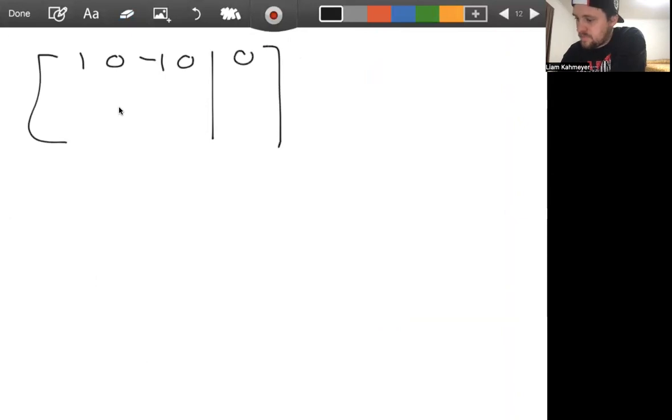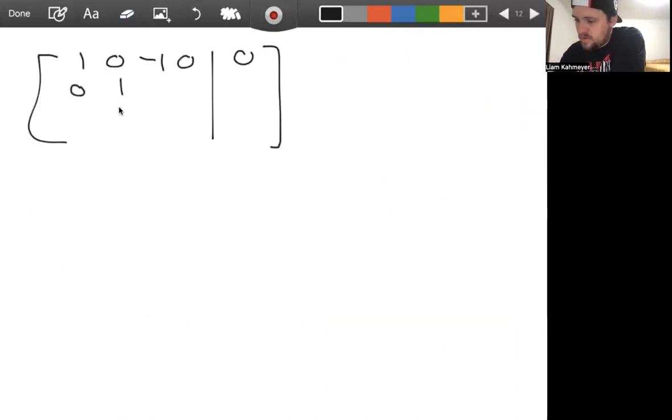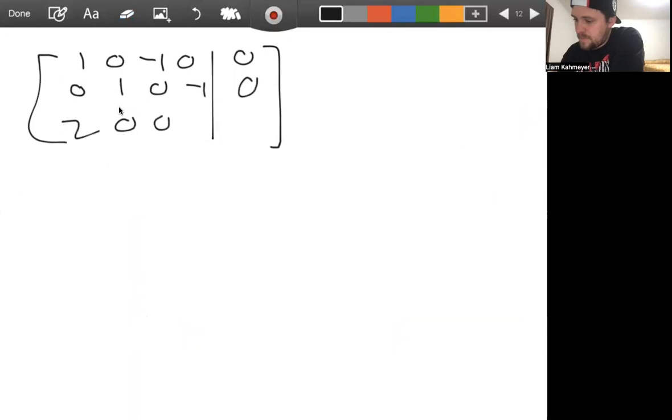So the first row stays the same, 1, 0, -1, 0, 0. And then so I don't make a mistake, let's flip these. So we have 0, 1, 0, negative 1, 0. And then if I remember correctly, we had 2, 0, 0, negative 1, 0. Okay.